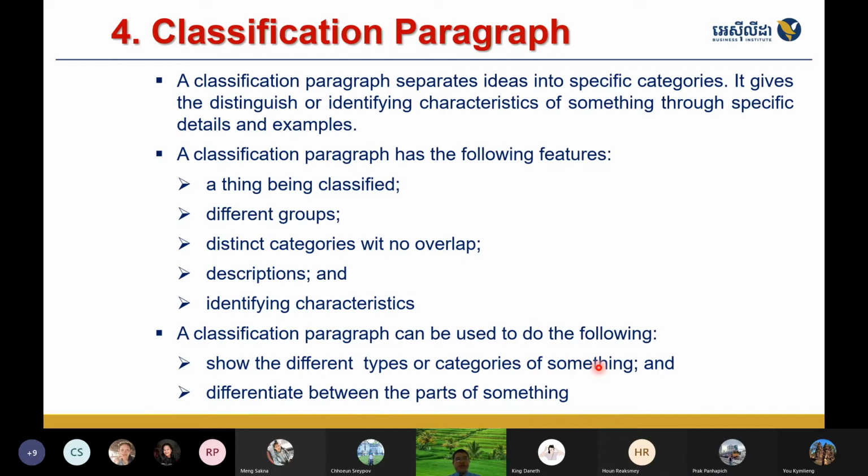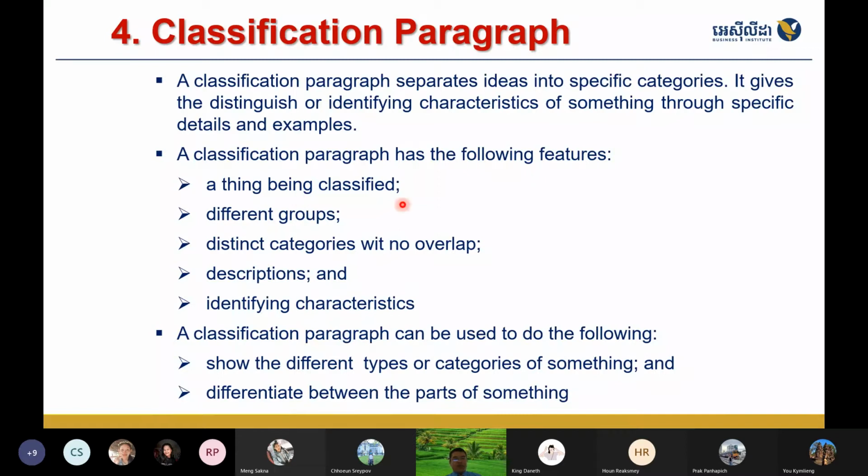Yes, when we talk about a classification paragraph, you just separate ideas into specific categories or classes. And sometimes it gives the distinguishing or identifying characteristics of something through specific details and examples. So these are some characteristics, or classification features, that you have to follow.